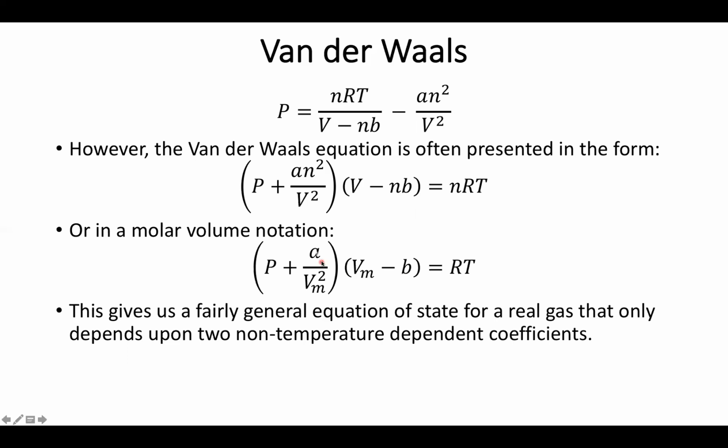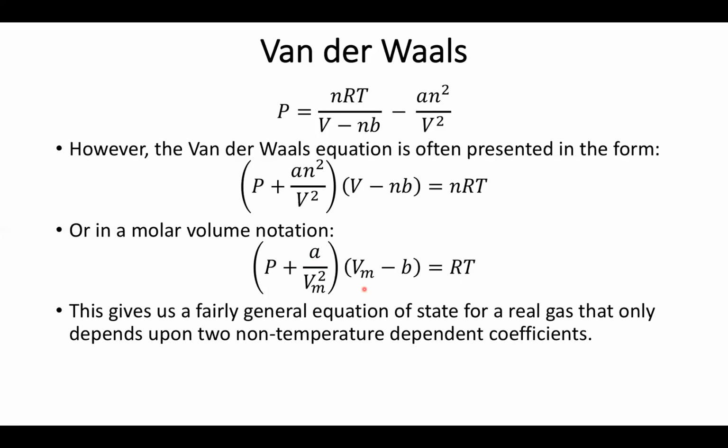So as long as I know what gas I'm dealing with, I can go ahead and look up these two values in, say, the back of your book or in a well-known table, and then I can describe the entire system fairly simply. However, it's going to not be quite as convenient for some of the mathematical analyses we're going to do later in the semester.